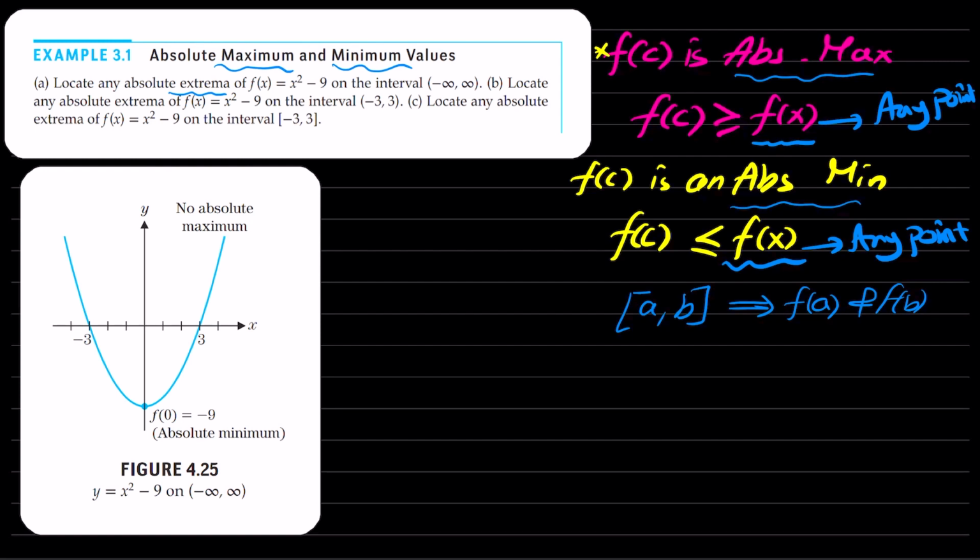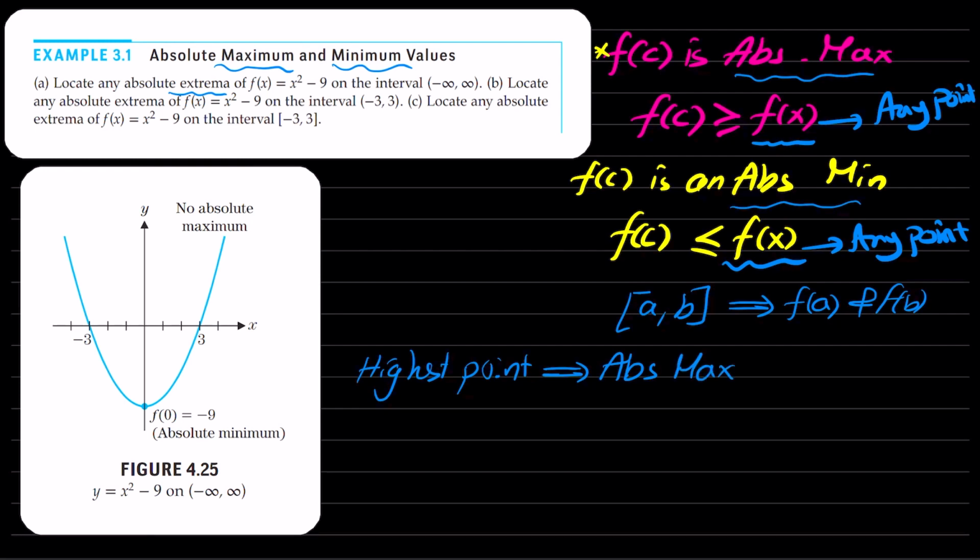So we will have three parts for this example. We start with the absolute maximum and minimum on the open interval minus infinity to infinity. If we look at the figure, it's a parabola that extends from this side and this side since the interval is open. Now we are searching for the highest point, which we call the absolute maximum.